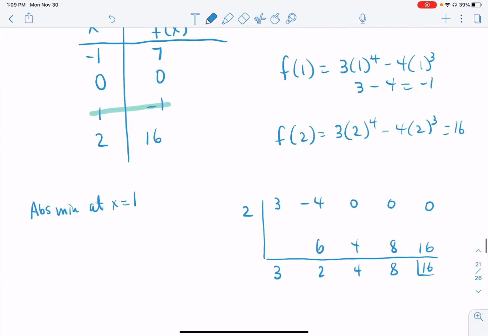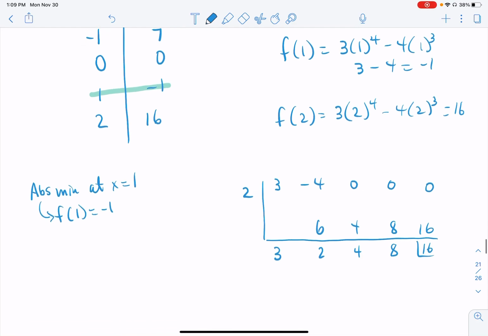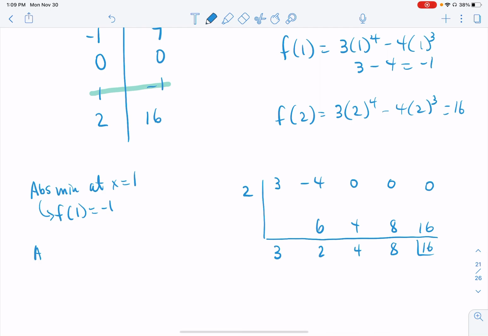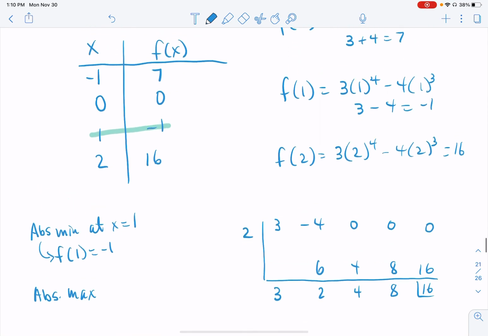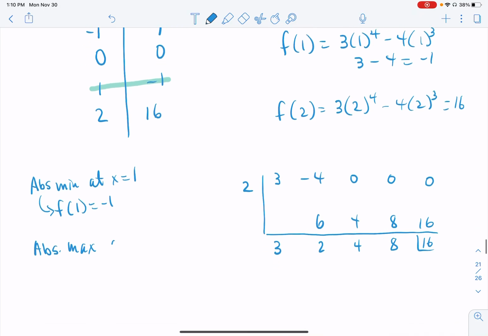The absolute minimum value is actually the y value, which is -1. So that's f of 1 is equal to -1. That's what the actual minimum value is. And our absolute max value, where does it happen? Our absolute maximum happens at 2. So this is going to be f of 2 is equal to 16.